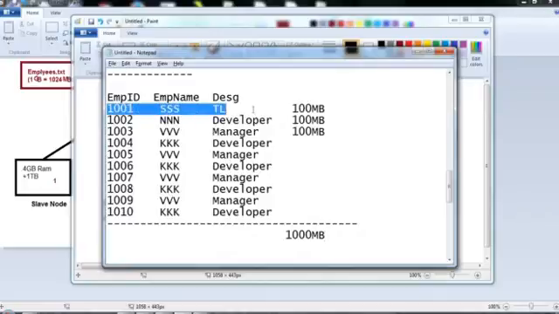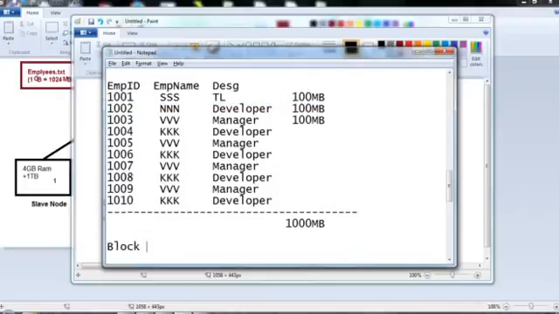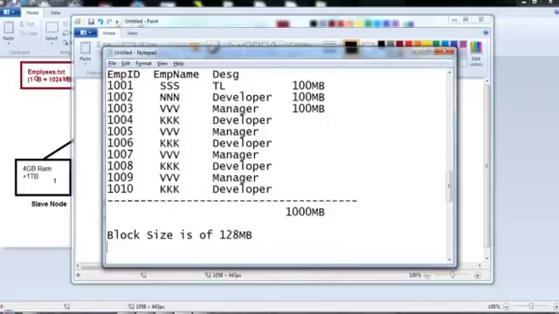Your one line and the block size is 128 MB. So tell me what will happen. How many blocks will get accommodated with this file? How many number of blocks? Let's count. 128 MB. So this first line will go in the first block for sure. Still there is some space.